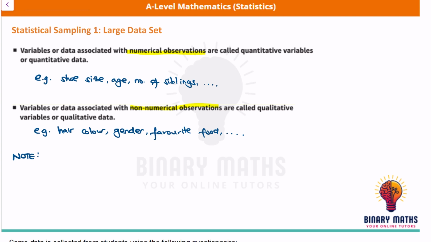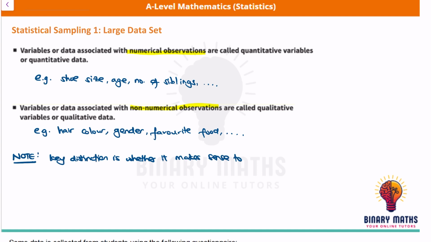Note, what you need to know is the key distinction between the two is whether it makes sense to order the different values that the variable can take.